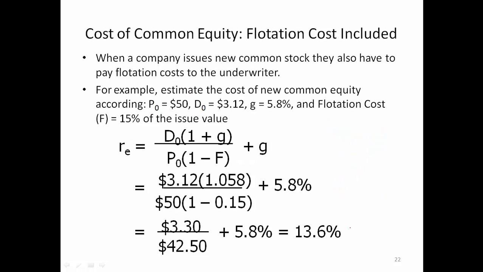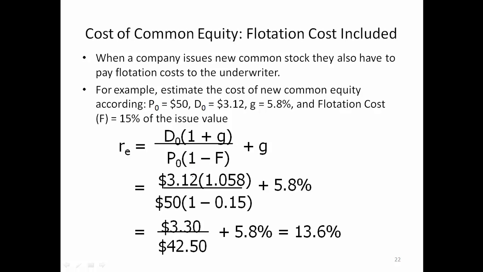When a company issues new common stock, it also has to pay flotation cost to the underwriter, or the investment bank. Let's use this example to show how to include the flotation cost to estimate the cost of new common equity. If we have price as 50, D0 as 3.12, g as 5.8%, and we use a 15% flotation cost, then in this formula you notice that we incorporate flotation cost in the denominator.